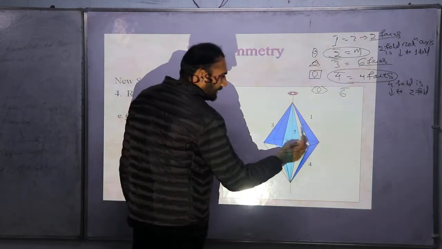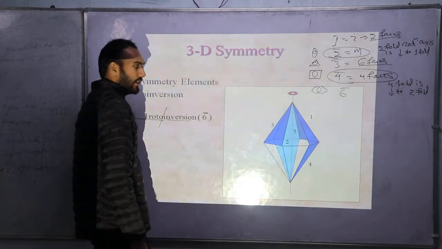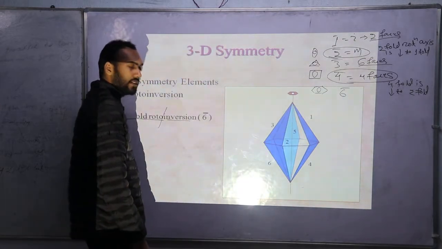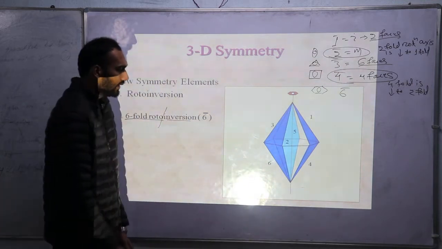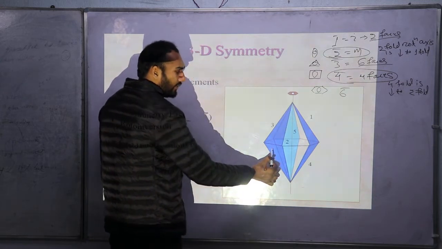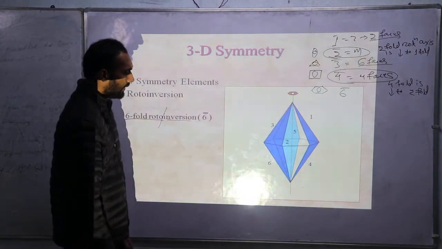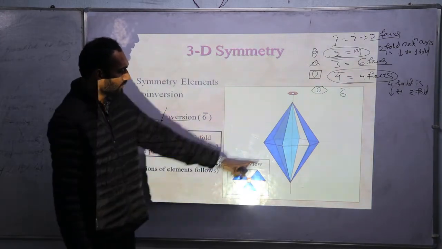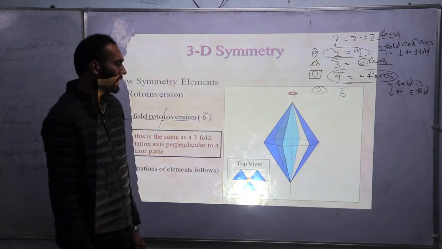Then if you rotate the fifth, that will go here and then inverted back to here. That is the rotation phase. This is the inversion phase. Then if you rotate 6, that will go here, and if you invert, that will come to 1 position.